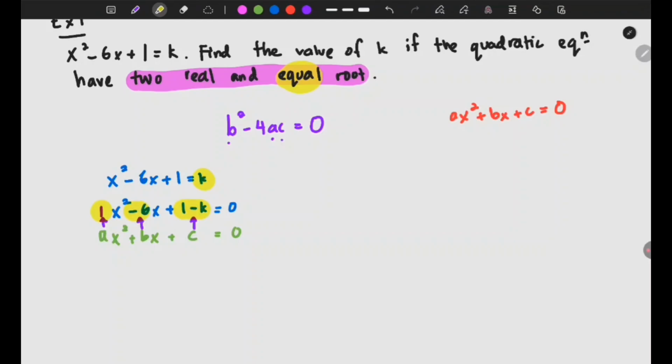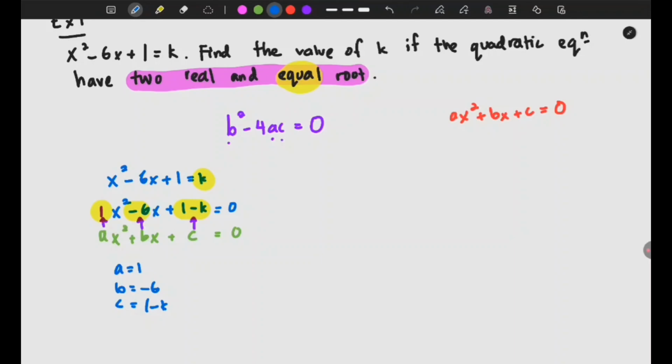So a is equal to 1, b is negative 6, and my c is 1 minus k. So I've got all of my unknowns ready, so what I have to do is sub inside the equation b squared minus 4ac equals 0. So let's substitute.